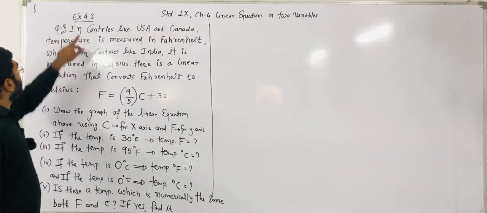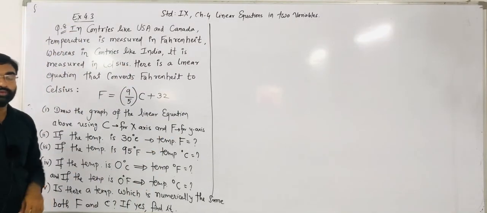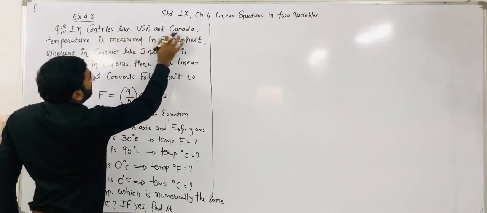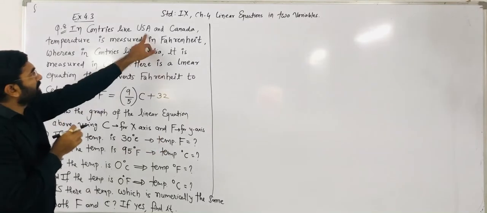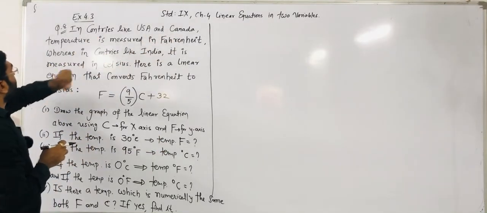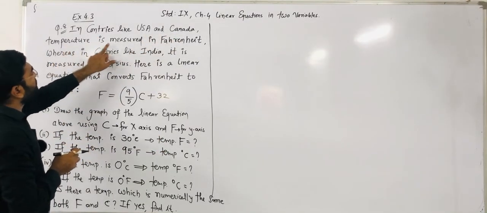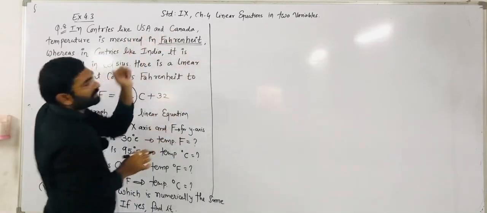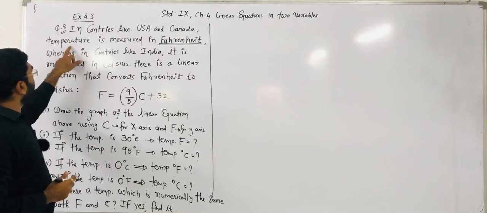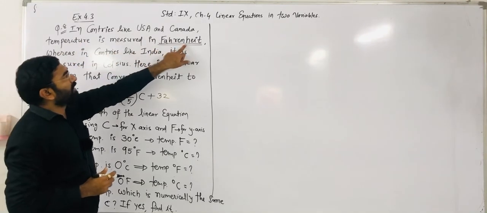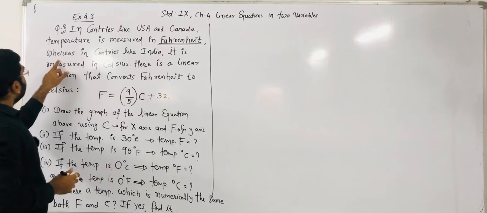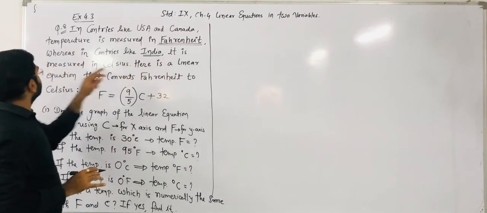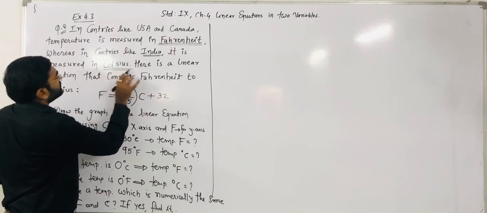In the same way, we have to solve exercise 4.3 question number 8, in which they say that in countries like USA and Canada, temperature is measured in Fahrenheit, whereas in countries like India it is measured in Celsius.